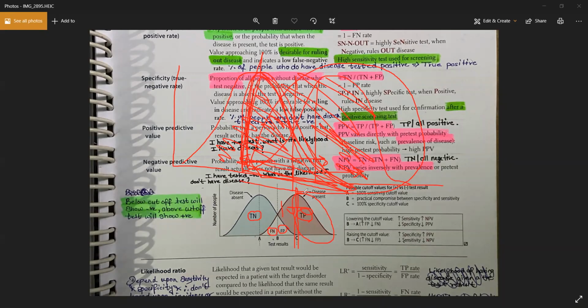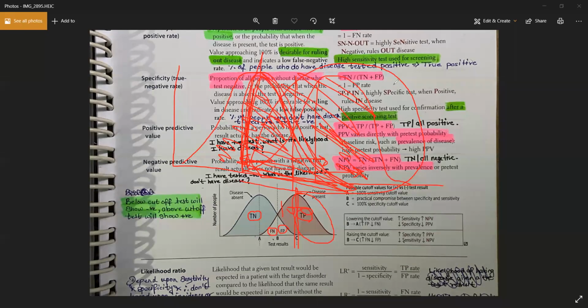But whenever my test is negative, because so many individuals with the disease are going to test negative, I cannot say 100% that the patient does not have the disease. So whenever I increase a cutoff value, I get a very high specificity and a very low sensitivity. Do you understand these facts now?